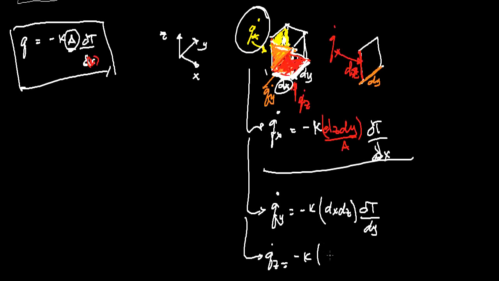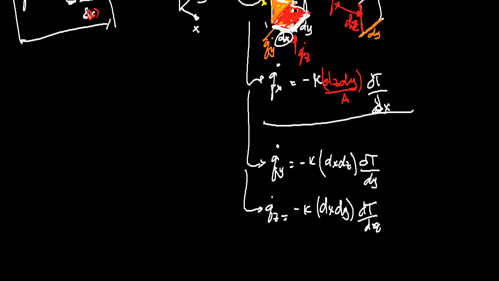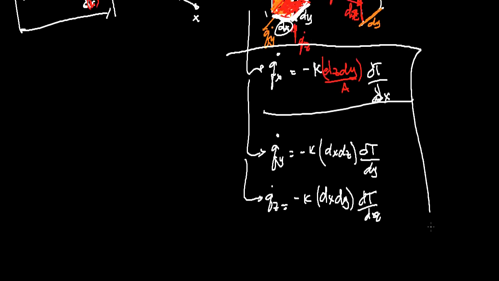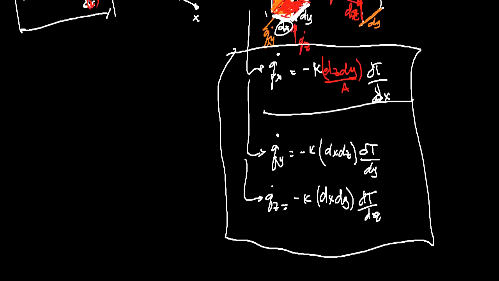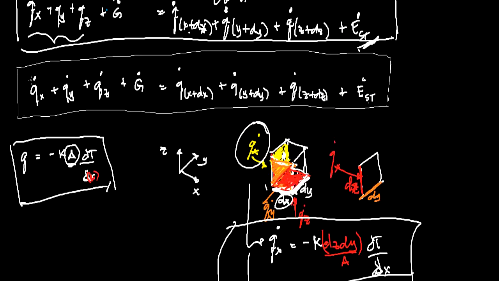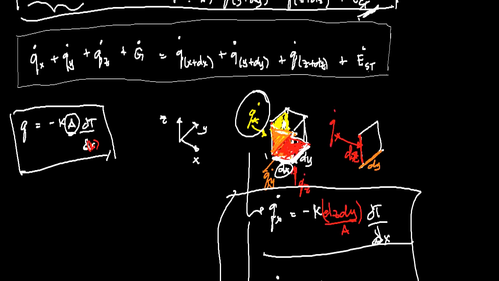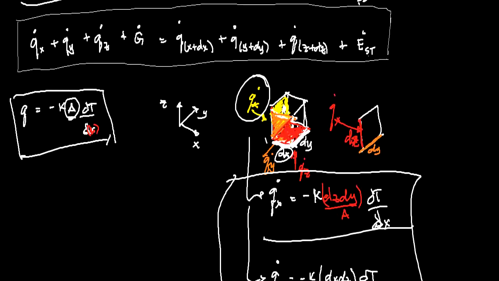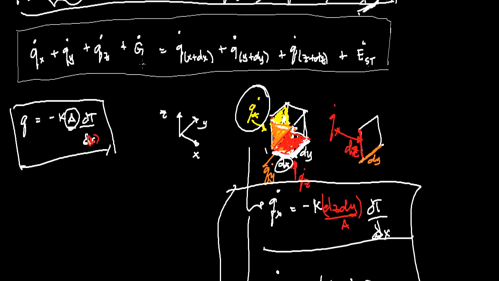So we have dx dy, dT over dz. So all in all, we have this general term for our q in: qx, qy, and qz, right? We will adopt the same principle for our q leaving this system.